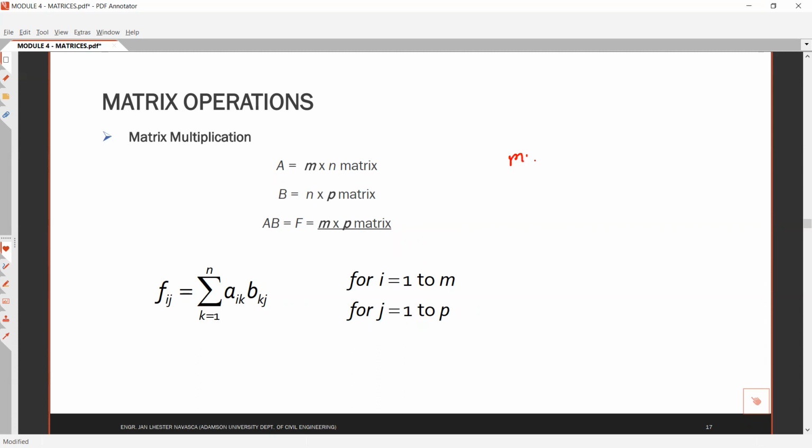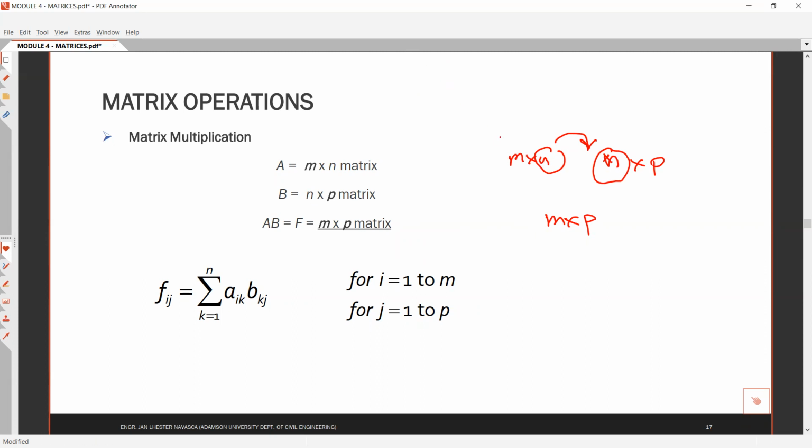So M by N multiplied by N by P. Kapag the same yan, ang mafo-form mo dyan is M by P matrix. So yan yung matrix multiplication.